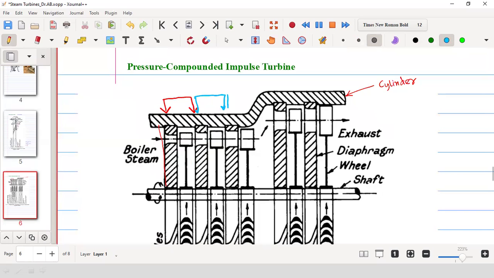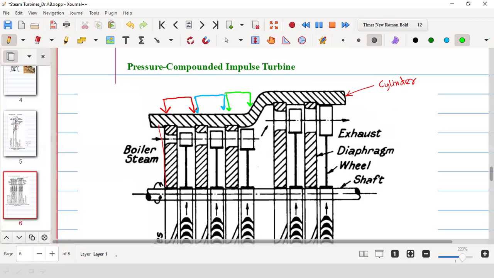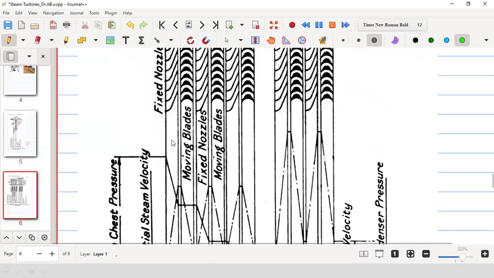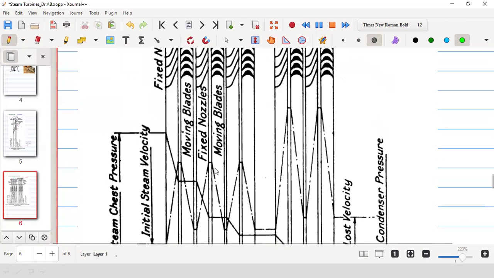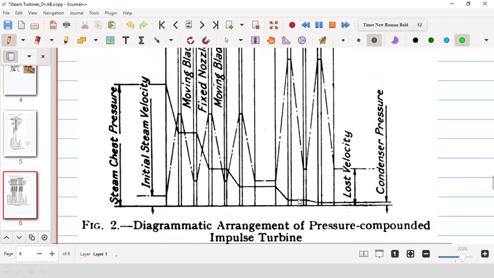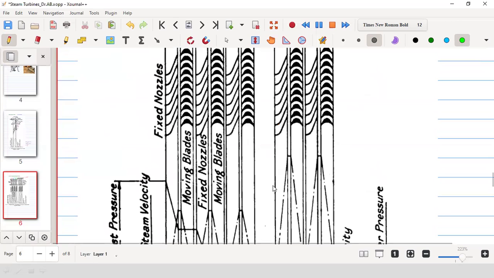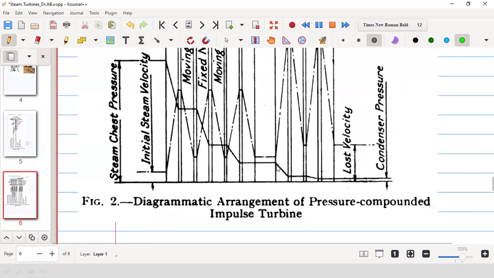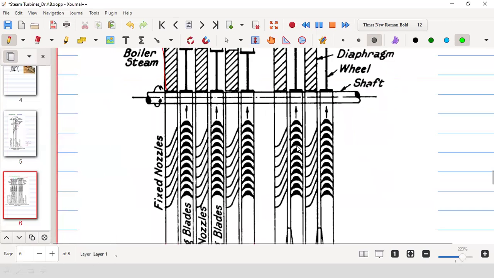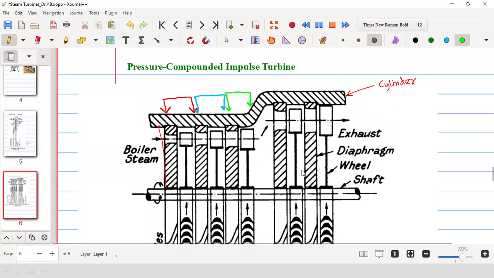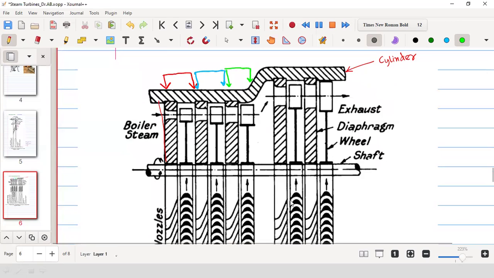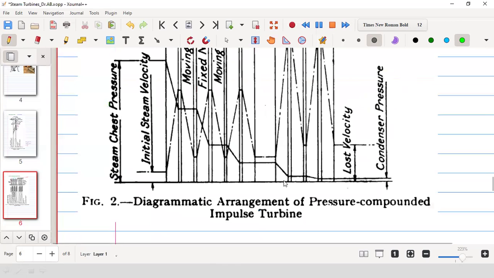This is another stage. So here you have three stages. So pressure is compounded here in three stages. First. Next, after that, there is another set where you are basically compounding the pressure. So here one, here two.